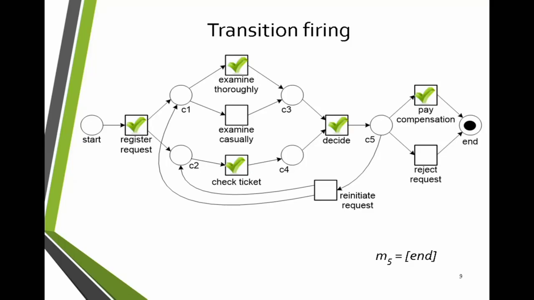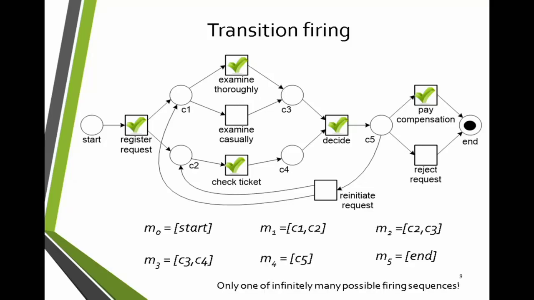From the marking C5, the previous marking, we could go back again into the marking C1, C2, which makes that we can basically loop eternally, right? So there is no limit on how many times you loop. Therefore, for this type of model, and basically any model with a loop, we state that there is an unbounded amount of firing sequences, right? That's why we call them firing sequences.